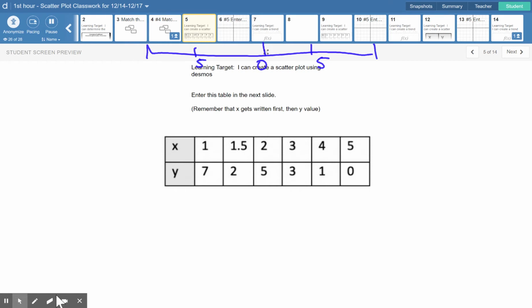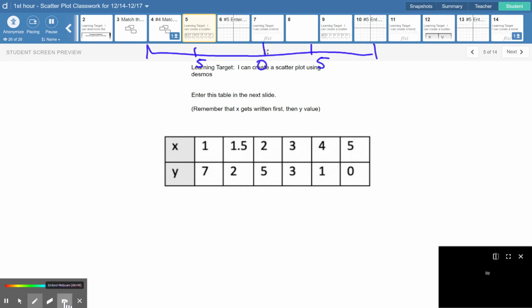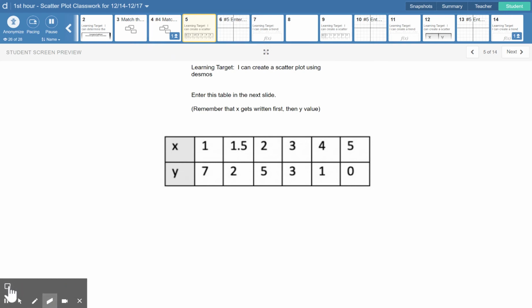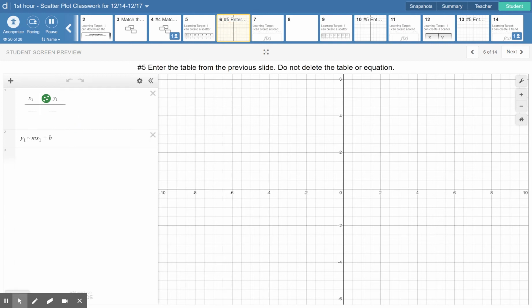Now for this screen, I'm just going to take a picture of the table, as soon as I erase this. And then I'm going to transfer the information over to the next screen. So this is very similar to what you're going to do on the test.